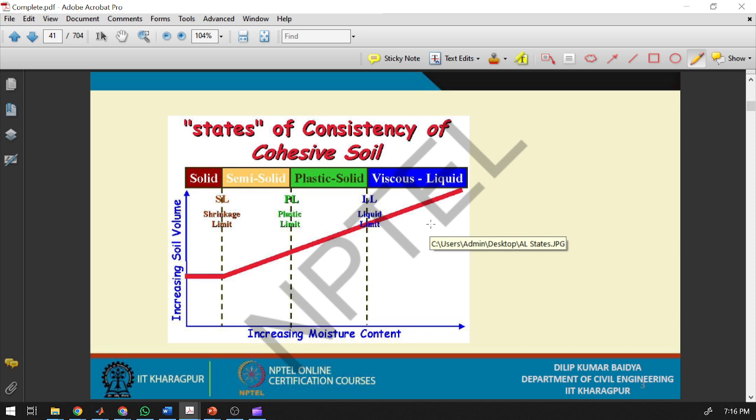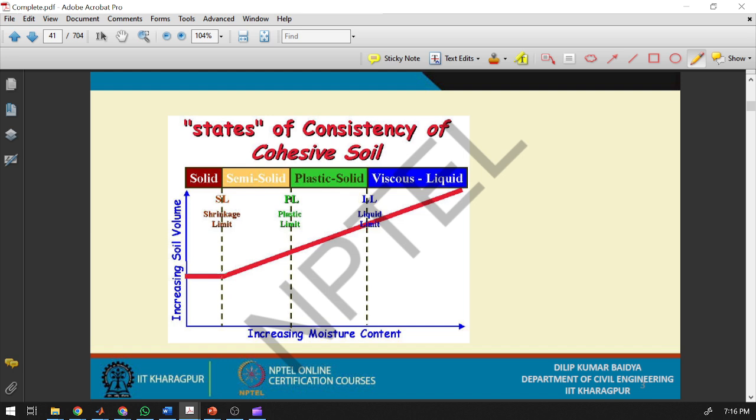And as you go on reducing up till the shrinkage limit, at the shrinkage limit, that is the minimum amount of water that you need for saturation. That is the perfect saturation, and anything over this will be oversaturation. It means this increase in volume is due to the addition of water, and below this is the minimum volume of the soil.